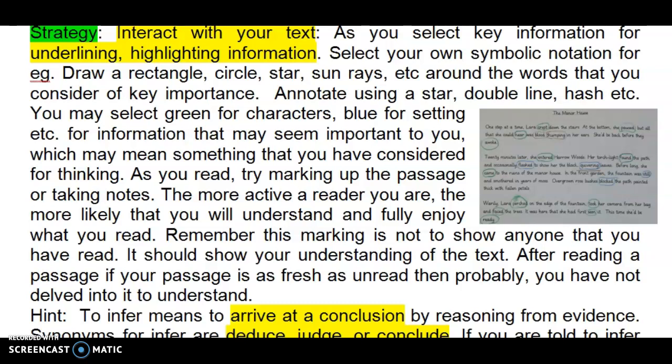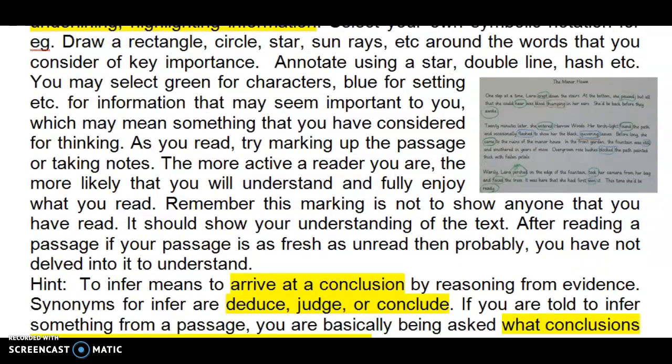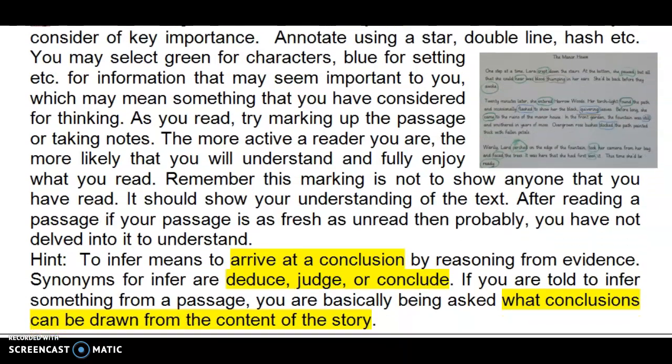For example, underlining in a particular color, double underlines, maybe an underlining in a particular color for all the verbs, underlining in a particular color for the setting, using another color for the qualities or the adjectives used for the character. You may also have other annotations which will help you determine or classify certain pieces of information in your text. When you have read your text, it should look something like this, with lots of annotation.